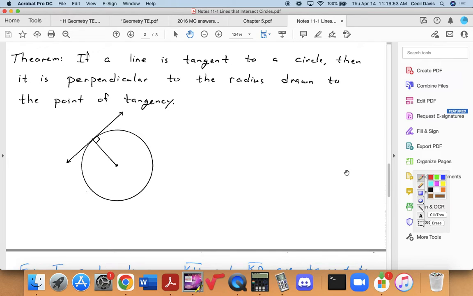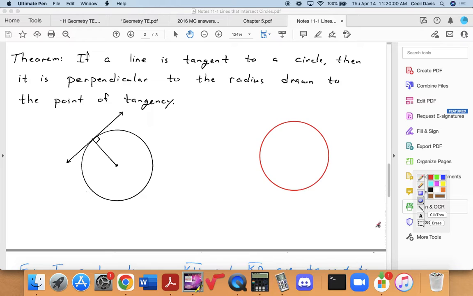And let me show you why. You don't need to write this down, but please watch for a moment. Let's say I have a circle, and let's say that I draw a line that is tangent, and then I draw this to the point of tangency.